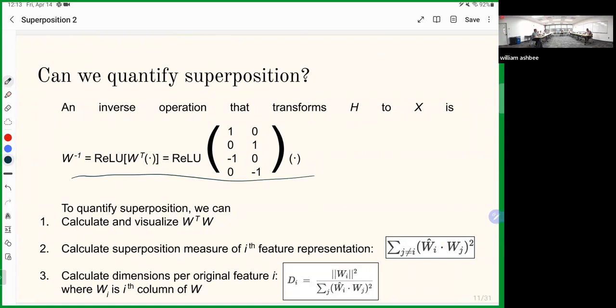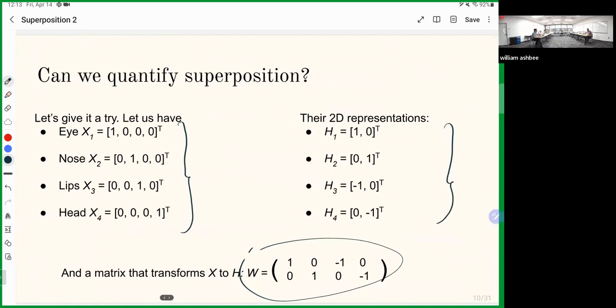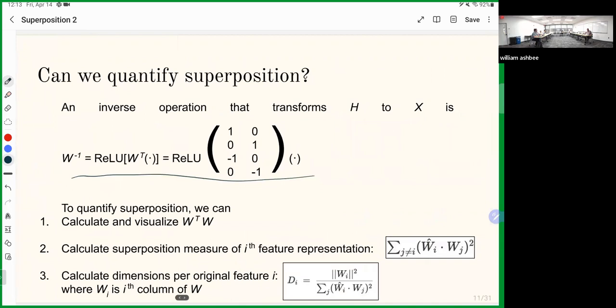Do you have an intuition why linear models cannot project those 2-dimensional features back into 4 dimensions without loss? The information had to be distributed across multiple places.